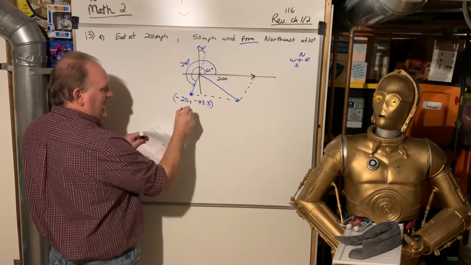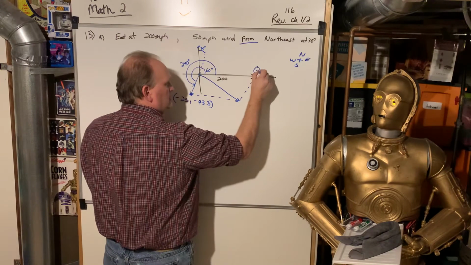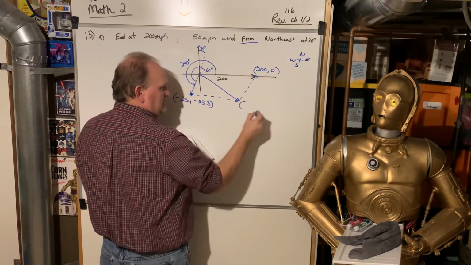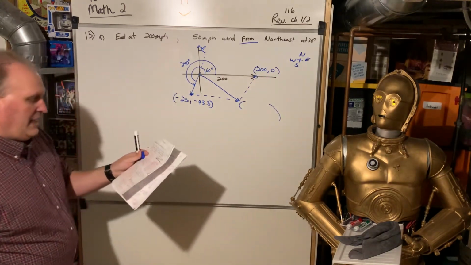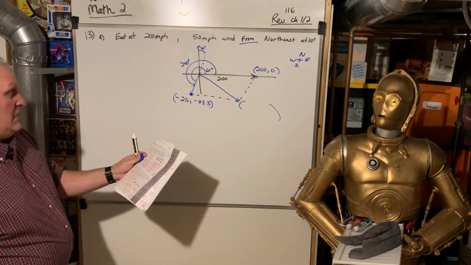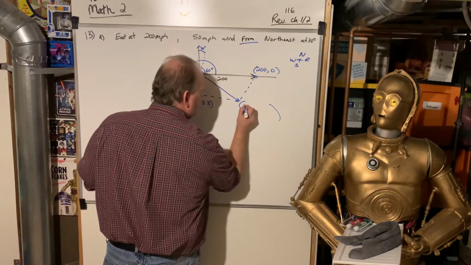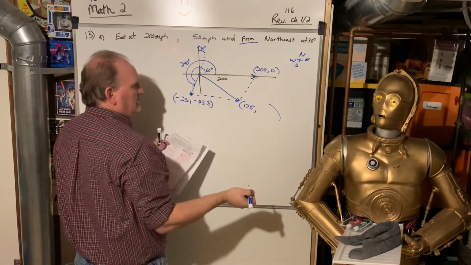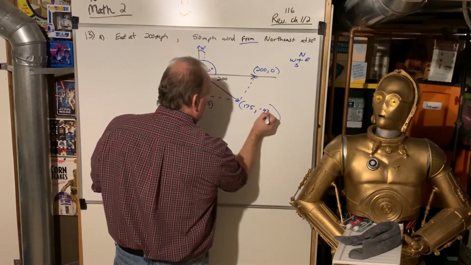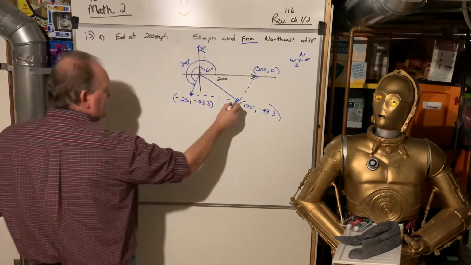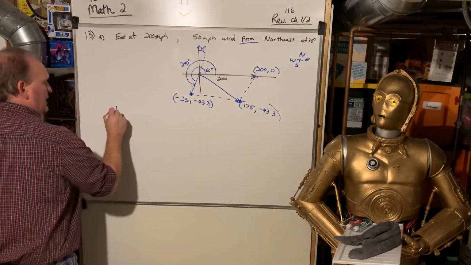And then you add that to your 200, comma 0 to get this. So this one ends up being 175, comma, negative 43.3.